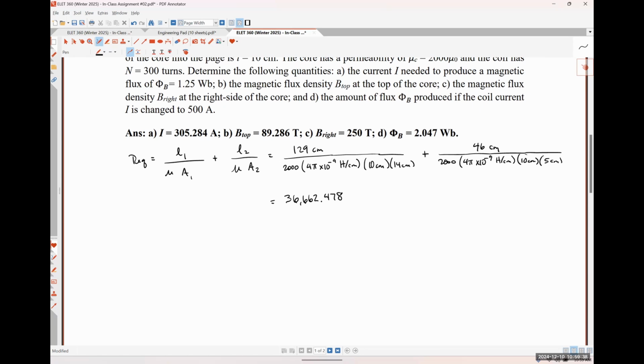Let's look at our dimensions here really quickly, because we haven't really talked about the units for reluctance, so we'll get around to that in just a second, okay? So I have a centimeter here in the numerator that's going to cancel a centimeter here in the denominator. Are we all okay with that? Okay. Then I have a per centimeter that's being multiplied by centimeters. So those guys cancel each other out.